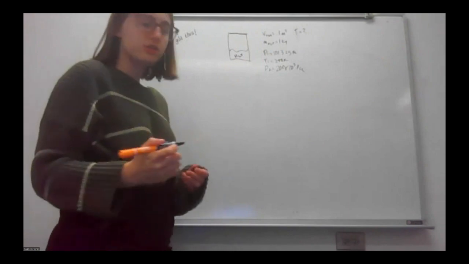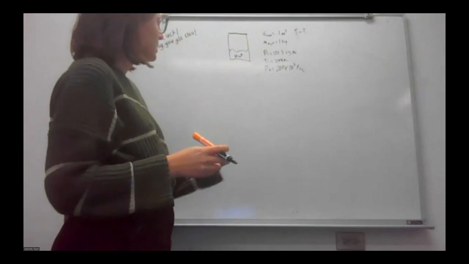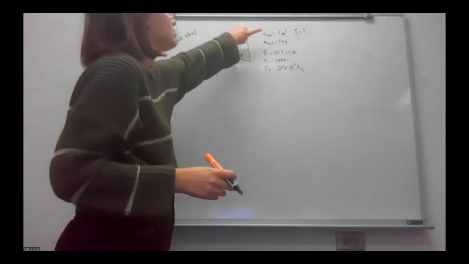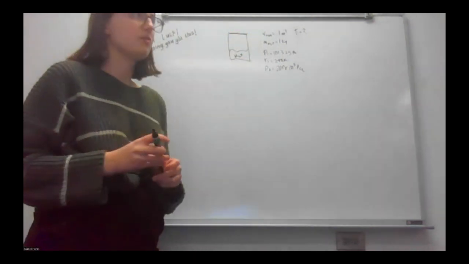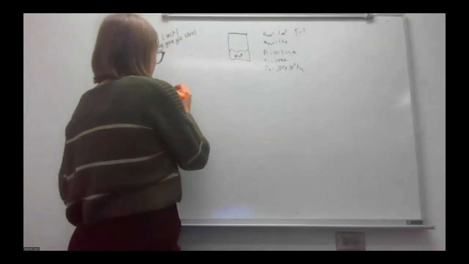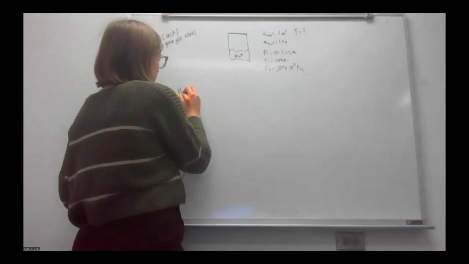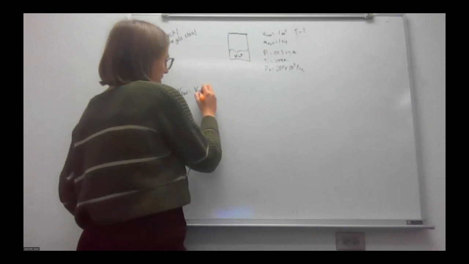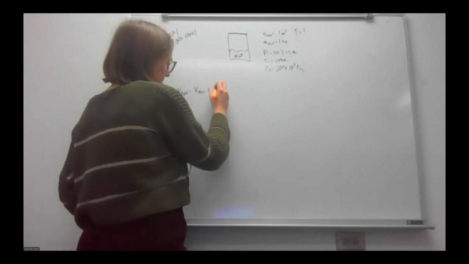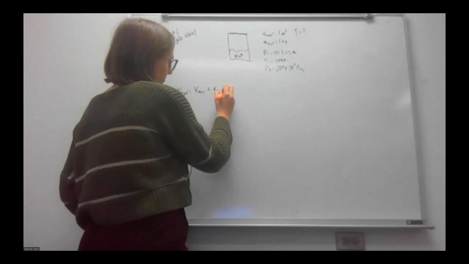Okay, so what we're going to do first is figure out the volume of the air, or the volume of our vapor. Total volume equals the volume of the air plus the volume of the water.